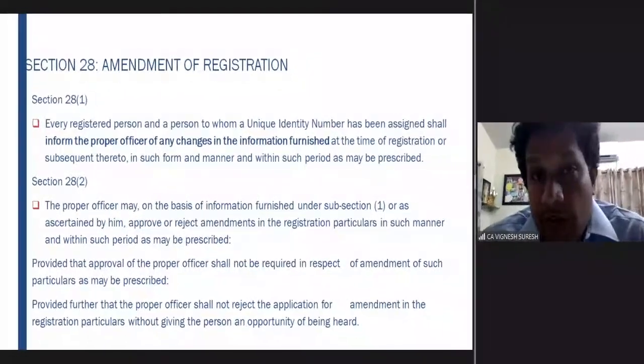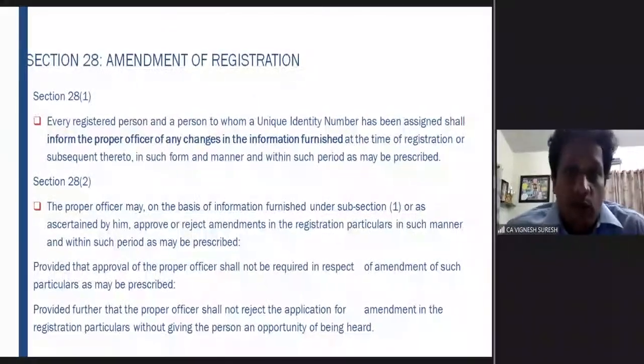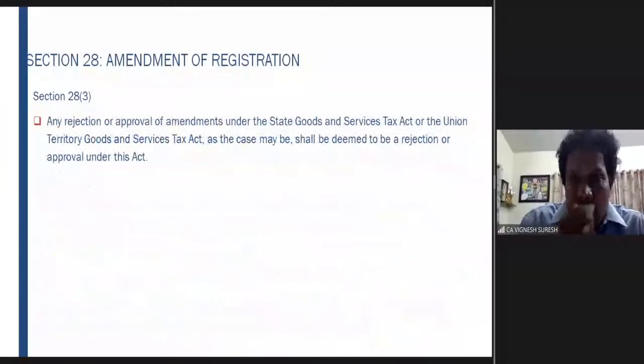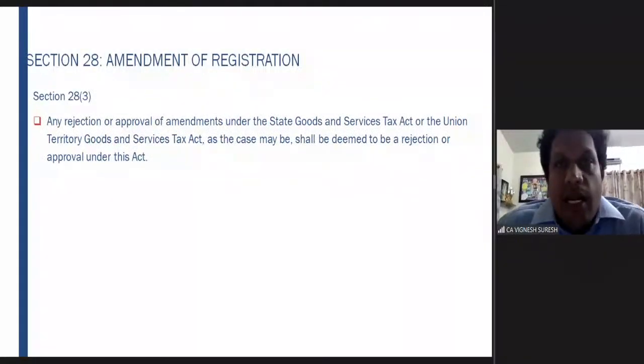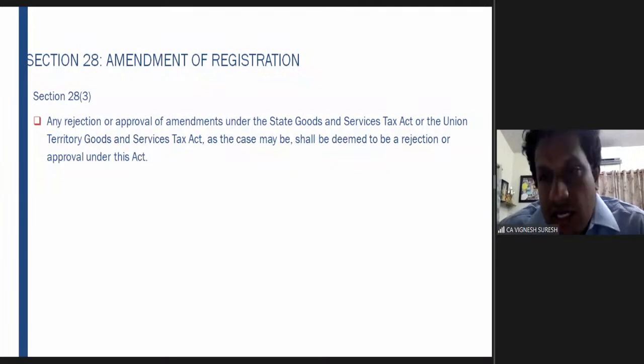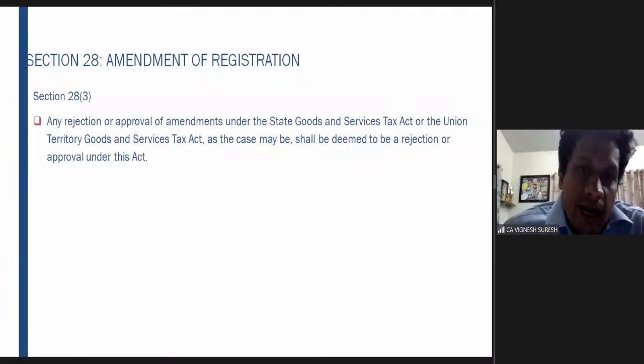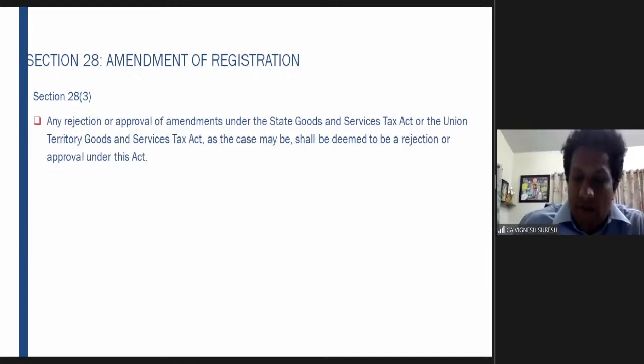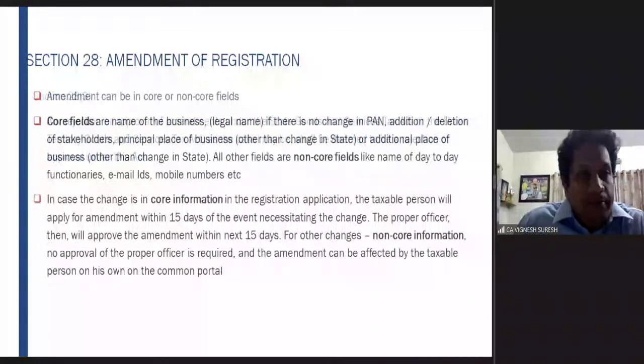So an opportunity of being heard has to be given to the respective person before you reject an amendment of registration. Similarly, any rejection or approval of amendments under the SGST Act will be treated as the rejection or approval under the CGST Act. So it is one and the same.